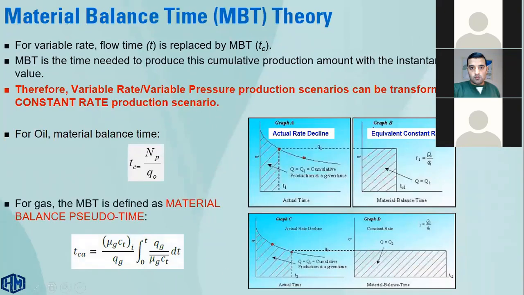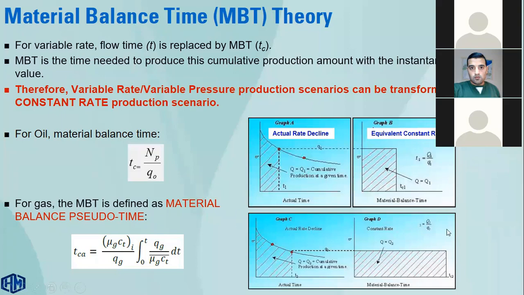A very important parameter in flowing material balance is the material balance time. This term is used to convert the variable rate production scenario to the equivalent constant rate production scenario. Simply, as you can see, in actual production we have a decline in oil rate versus flowing time, the actual rate decline. However, in flowing material balance, we have to use the constant rate solution.